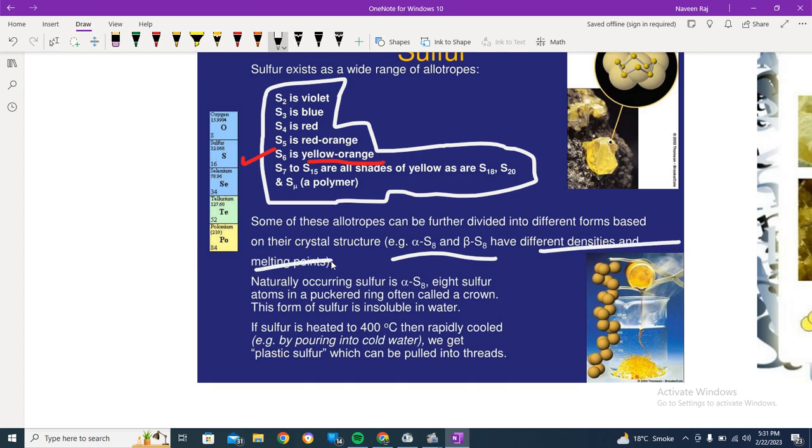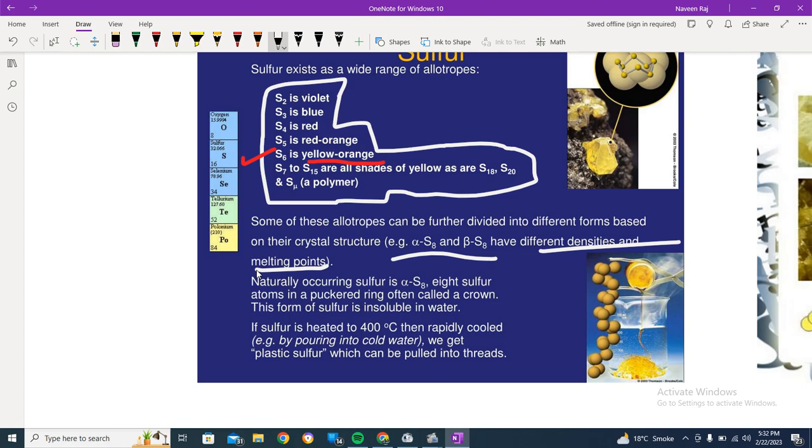So there is a complete study based on the sulfur allotropes, and from S2 to S7, they have further allotropic forms. So this is a large field.